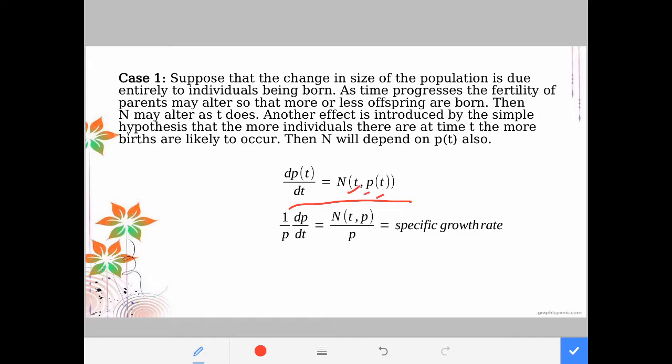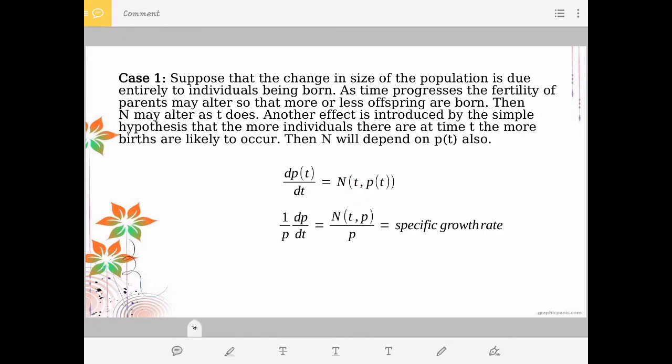Do not be confused in looking at the different expressions, because it's actually just a simple expression of our definition of case 1.